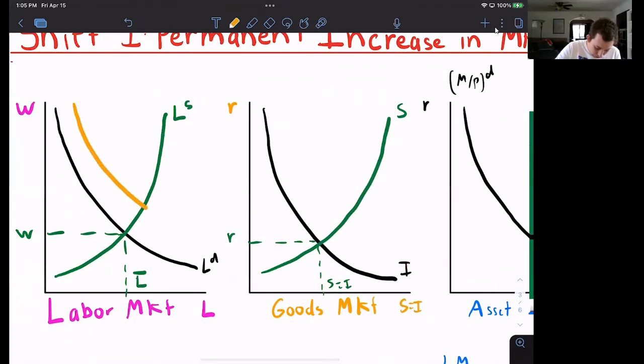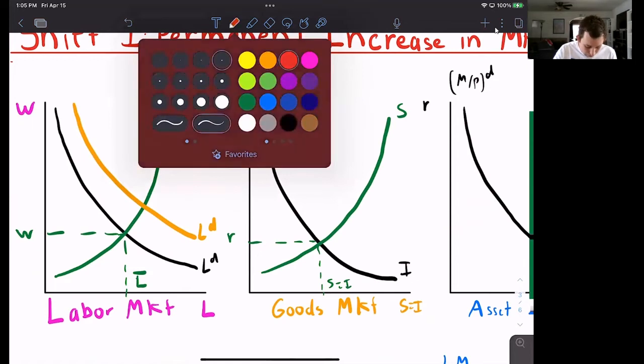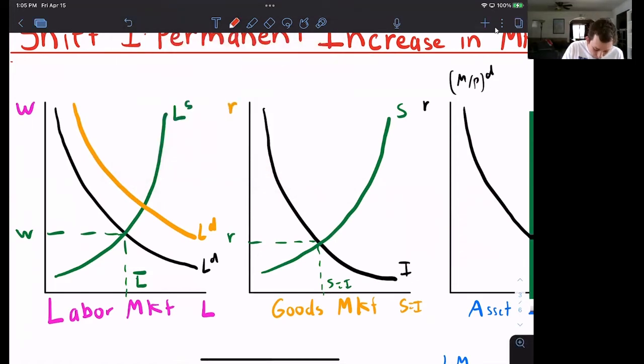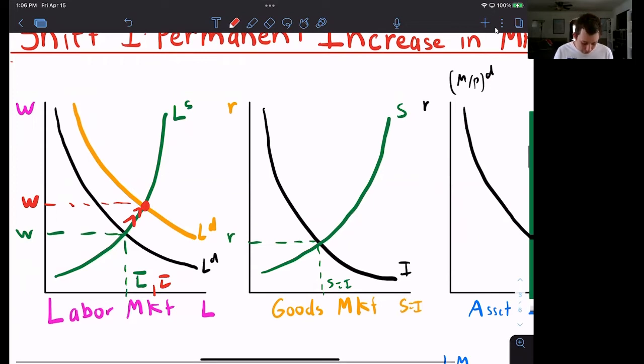So I'll draw that in orange. And we also know that if Bill is living in this world and he sees his own wage go up, his labor demand goes up, that means that he is going to want to work more. So he is going to go along this labor supply curve to this new point where he's at a higher wage. And notice that total employment, because there are a bunch of Bills in this economy, has also gone up.